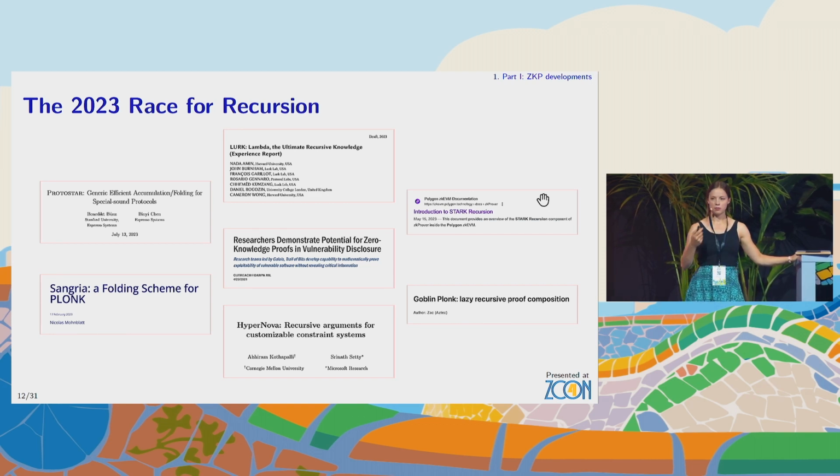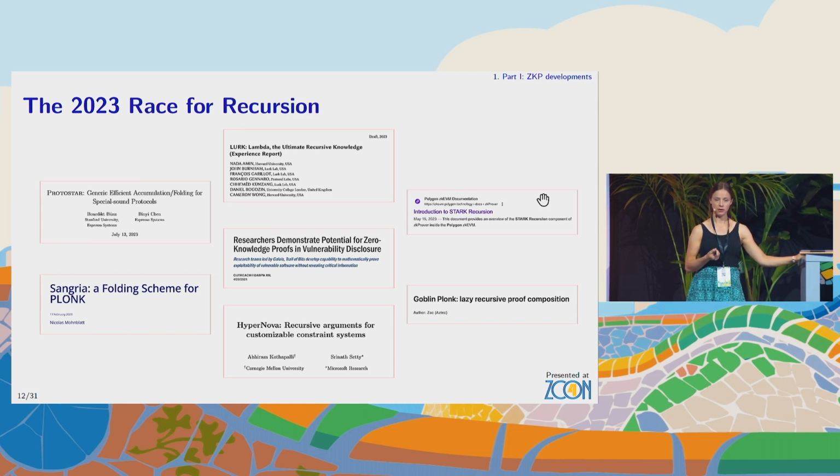The papers and reports and HackMDs and everything else that I'm posting on this slide are all posted within 2023, every last one of them. So we've got Sangria, which is a folding scheme for Plonk. We've got Protostar, which is also targeting Plonk, and I'll talk more about that one in a bit, so I'm not going to dwell on it.